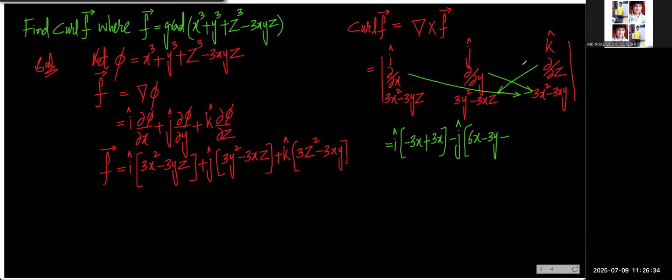Minus dou by dou with respect to z. Something wrong here. With respect to x, so 6x minus 3. Some mistake is there.